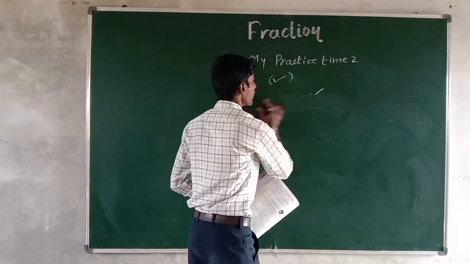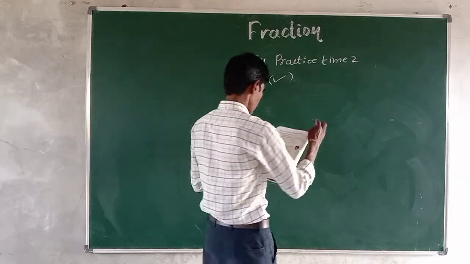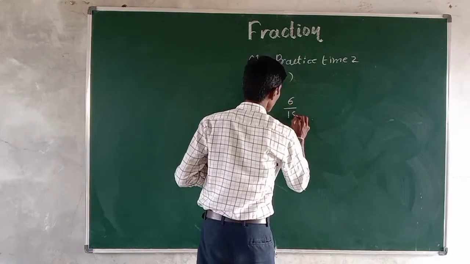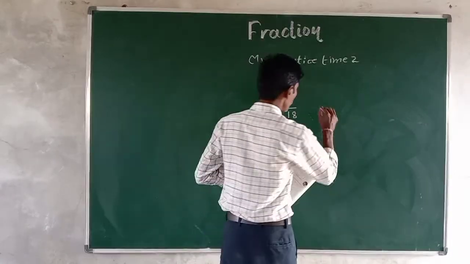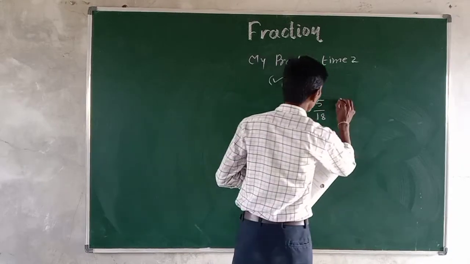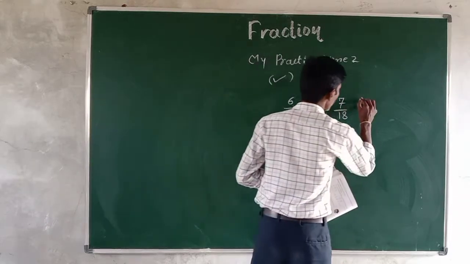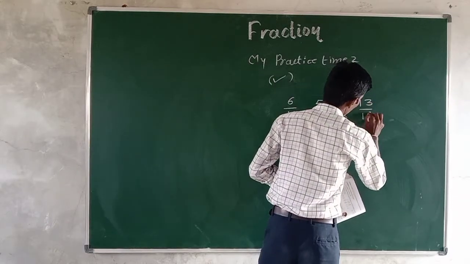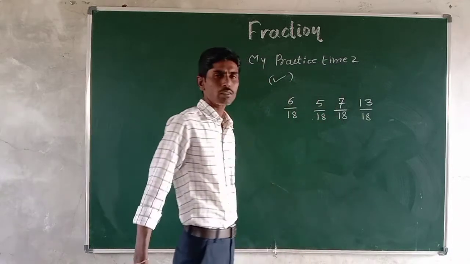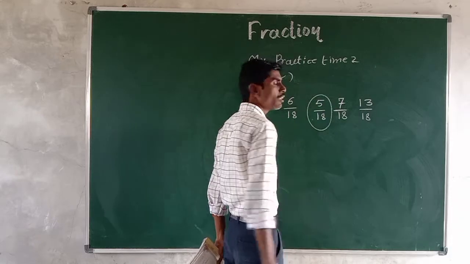Again we will take another example: 6 upon 18, 5 upon 18, then 7 upon 18 and 13 upon 18. All are like fractions, but the numerator of this fraction is smallest.